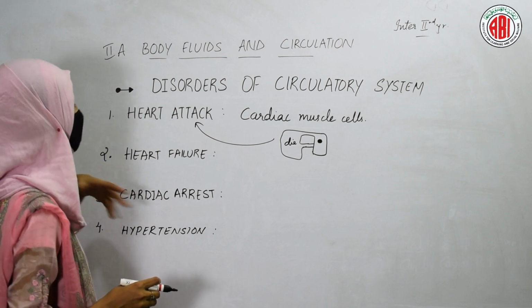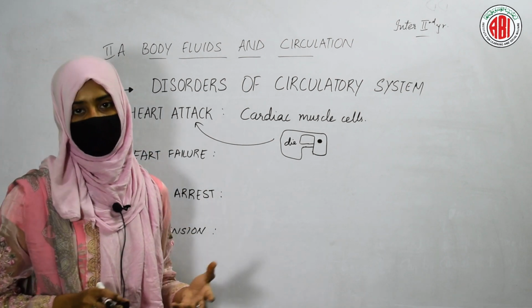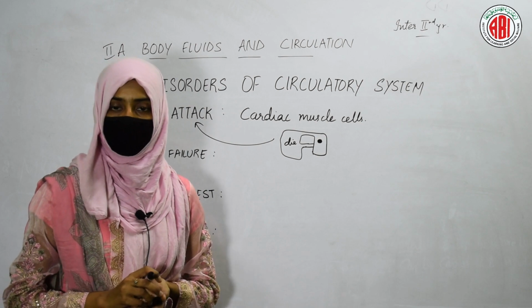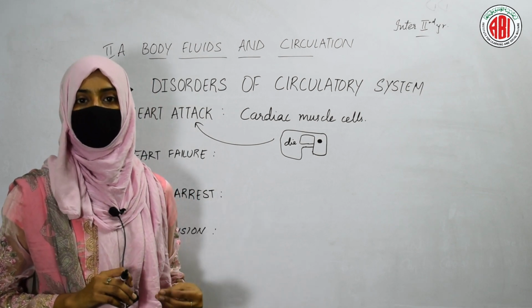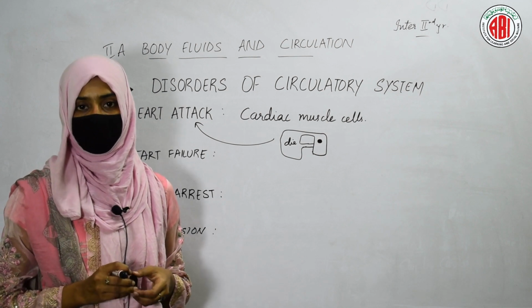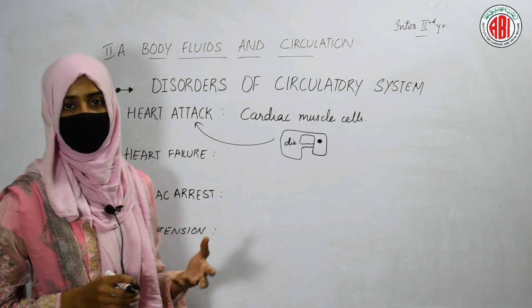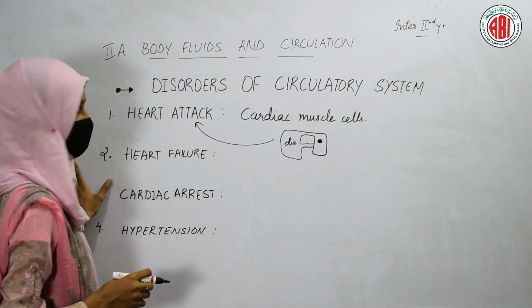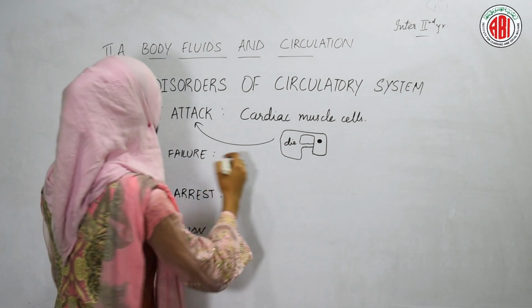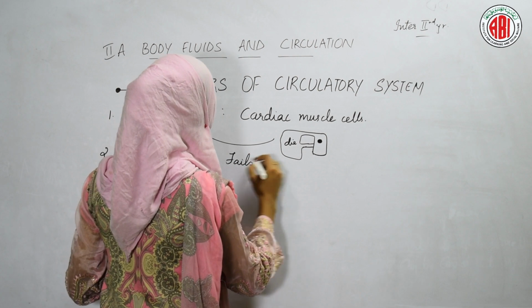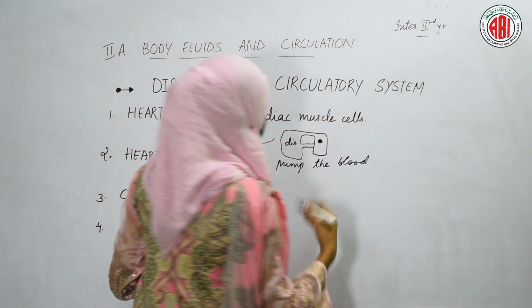Heart failure can be caused by many reasons, such as the death of the tissues or blockage in the arteries. So in simple words, you can write: fails to pump the blood because of any reason.